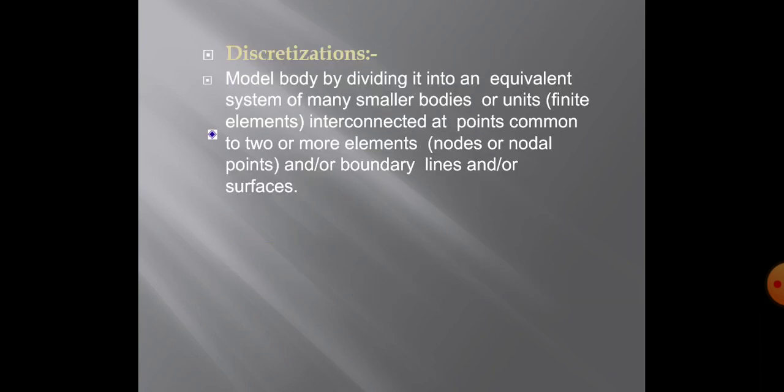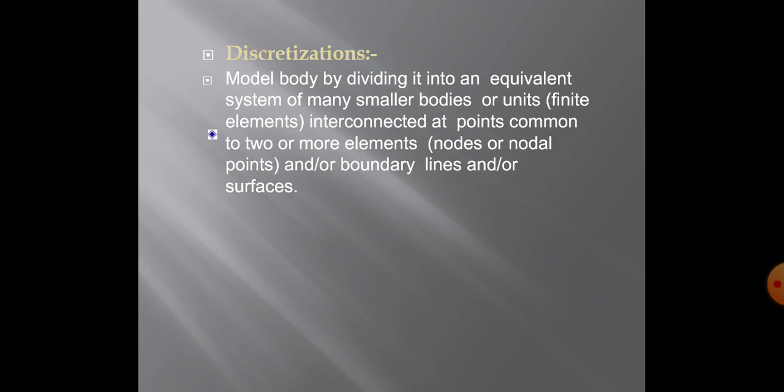Then next is discretization. As we have already discussed, the whole structure is subdivided into small elements, and that particular method is called discretization. The definition of discretization is modeling a body by dividing it into an equivalent system of many smaller bodies or units. That smaller body or unit is also called a finite element.